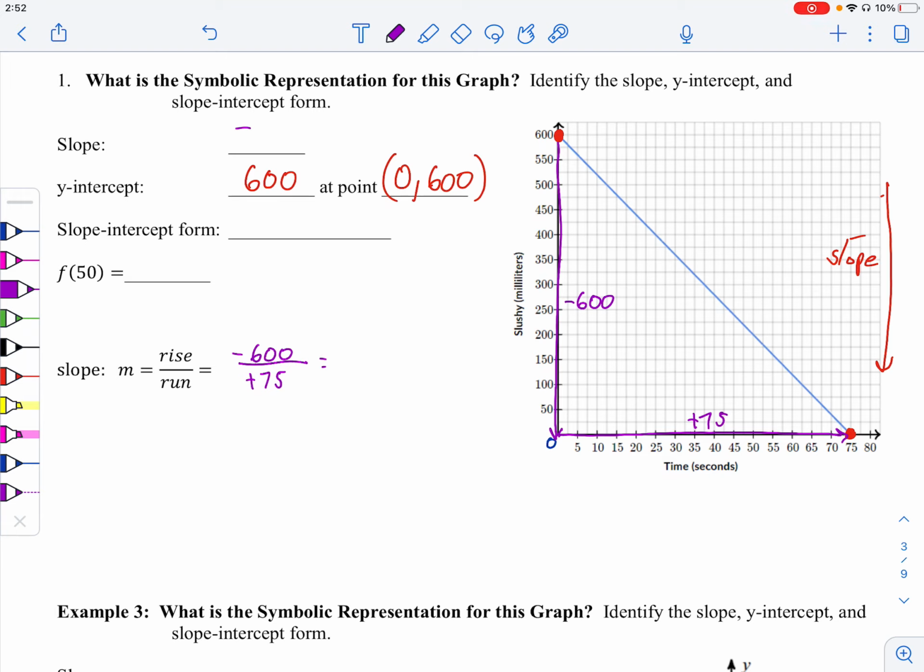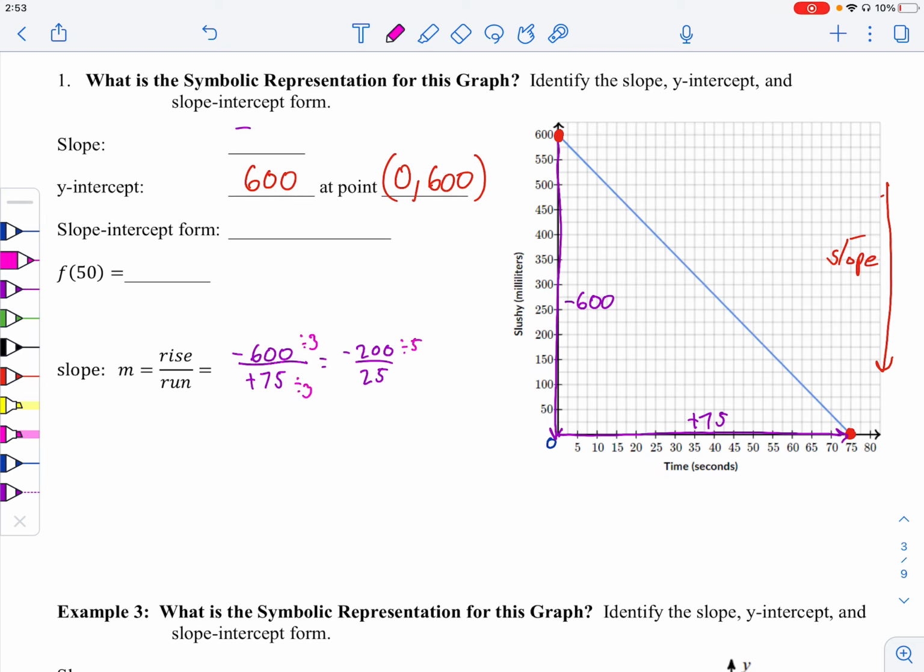We can reduce that, let's try 3. Reducing fractions, we divide the top by 3 and the bottom by 3, and we get negative 200 over 25. Then what else can we do? We can do 5s.